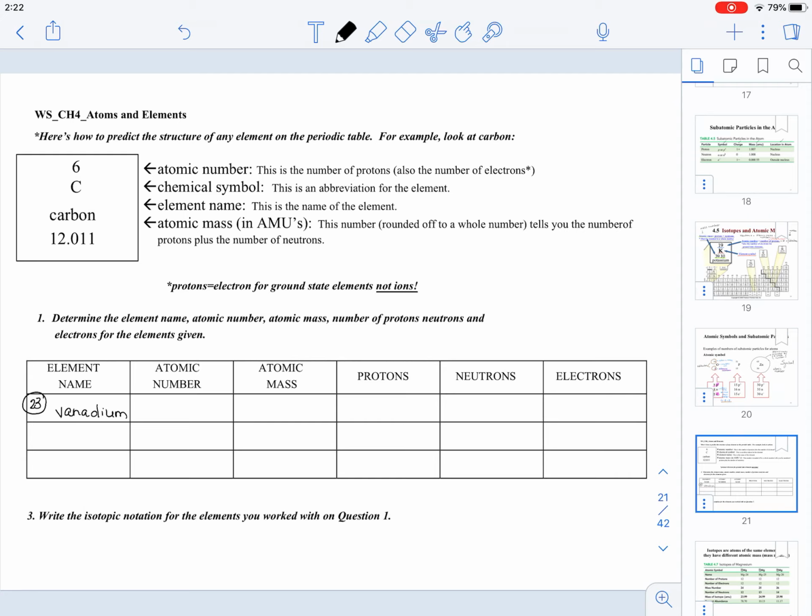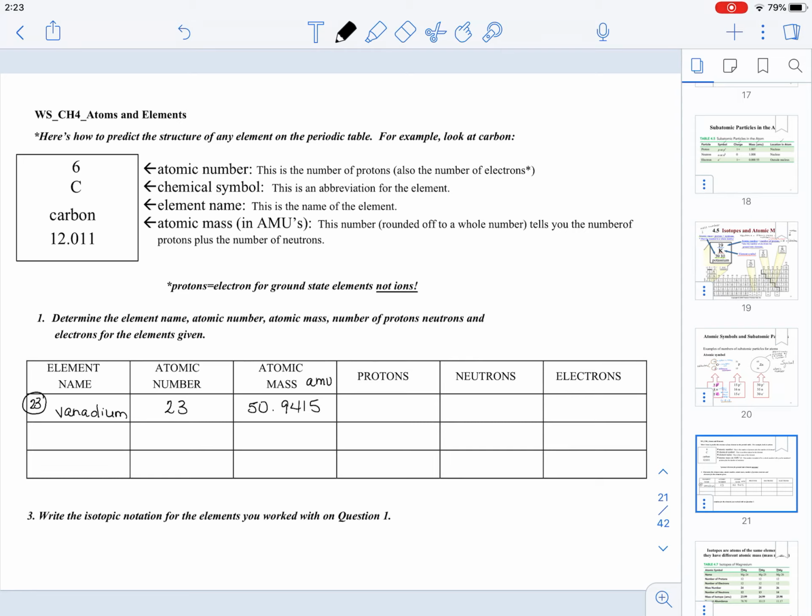Okay, atomic number, I already established that it is 23. Atomic mass for vanadium, let's say if I utilize the periodic table that I have on Canvas, it is going to be 50.9415. The units for this is going to be AMU.